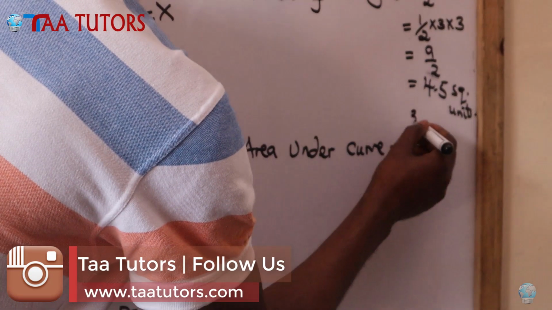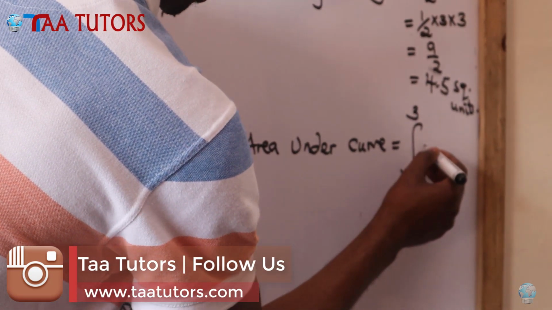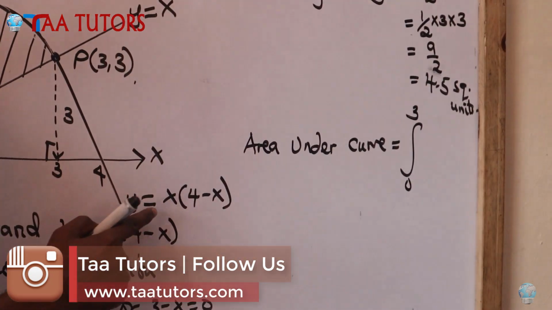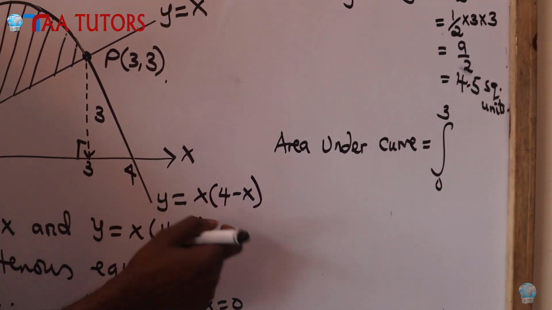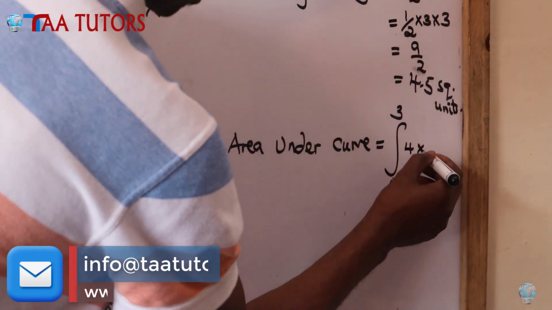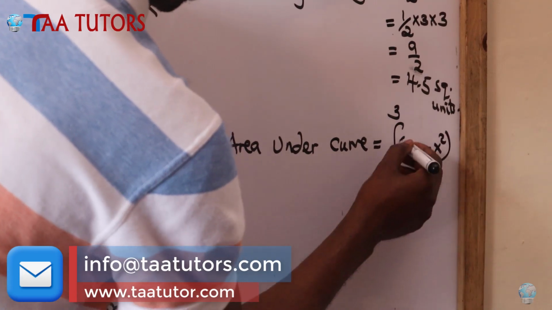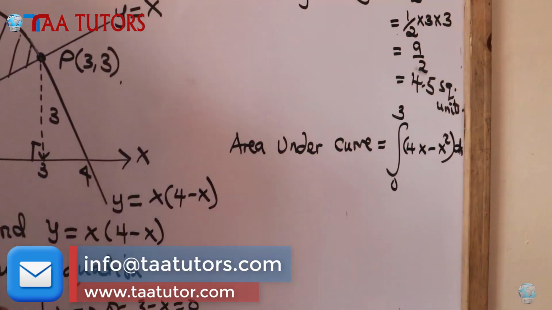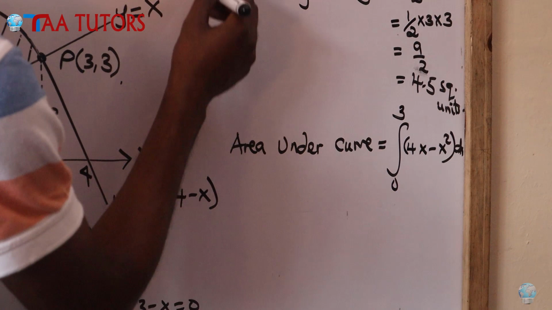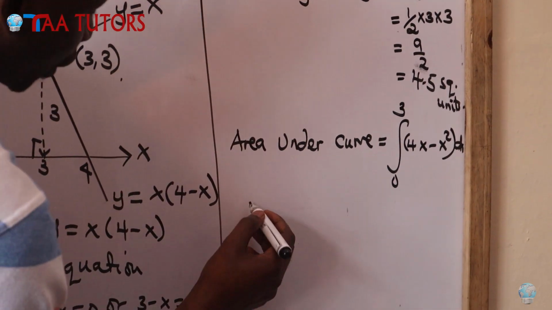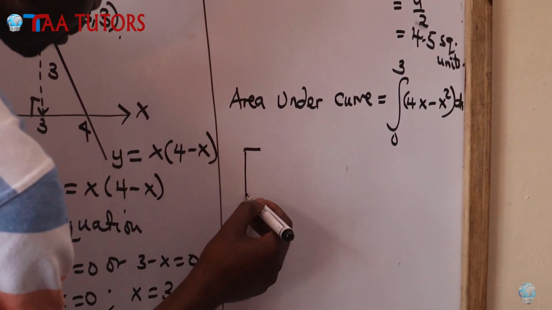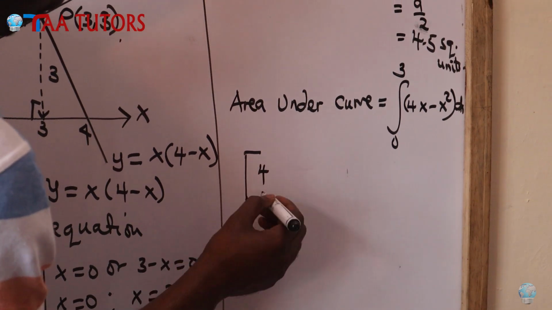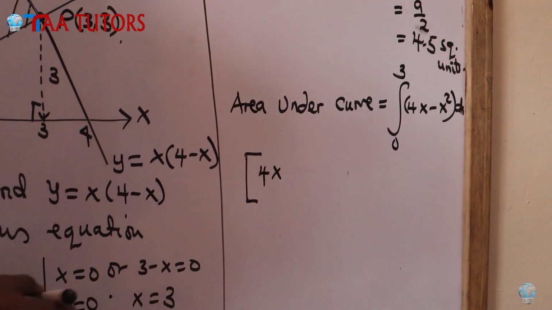So the upper limit is 3, the lower limit is 0, and the curve is y equals x into 4 minus x, if I open the bracket, will be 4x minus x squared dx. So if I integrate here, what I'm going to get is a bracket with 4x squared over 2.